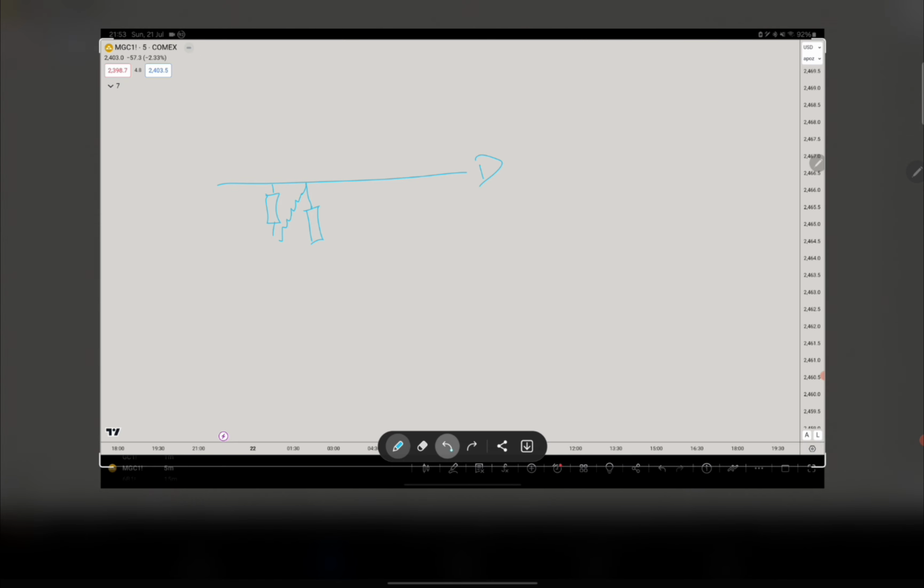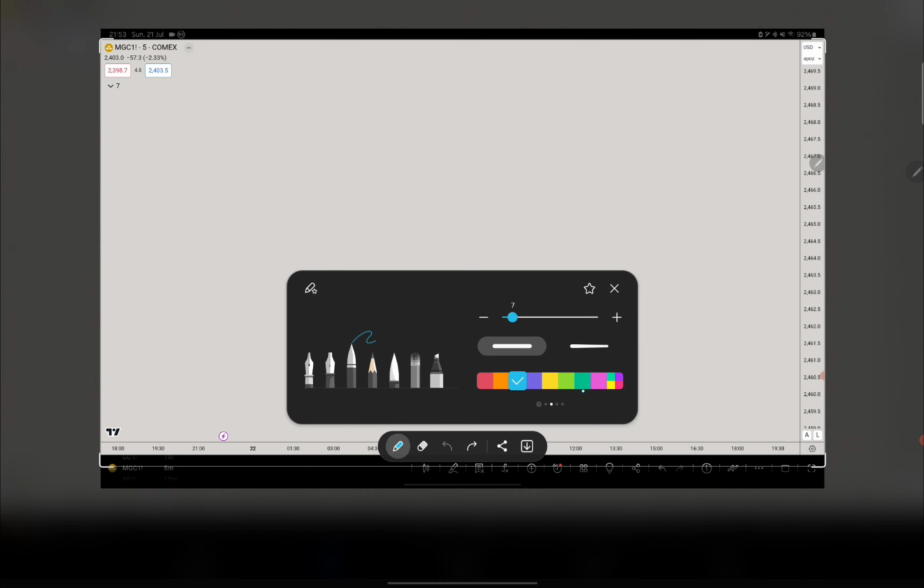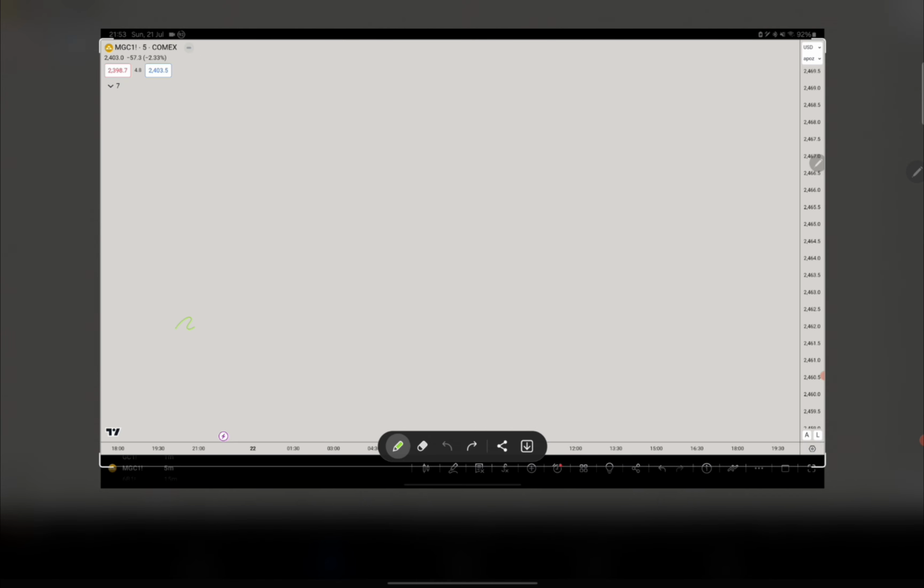So what do I mean by all of that? Let's assume we have a daily level over here. I'm going to mark it in green so we know it's support. Let's say we have a candle just over here like this. Don't worry about the color of the candle.